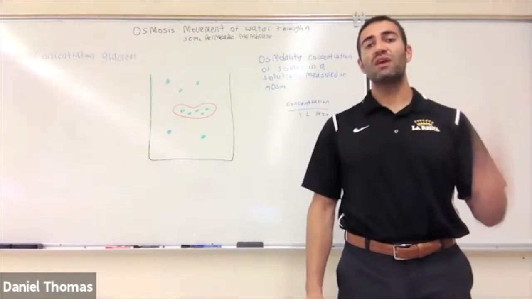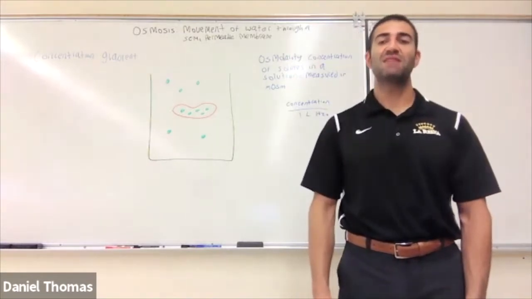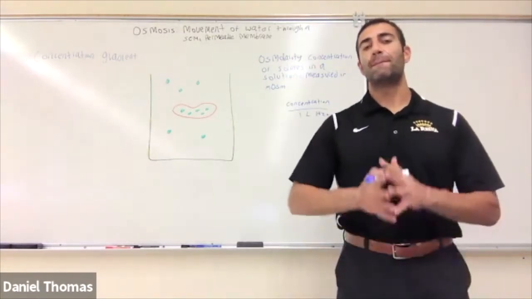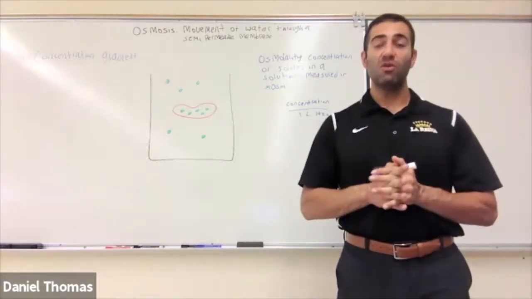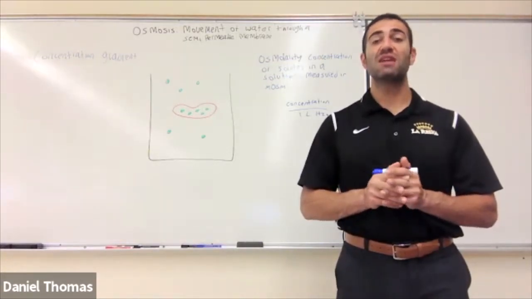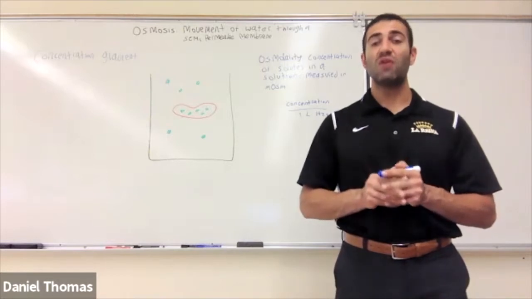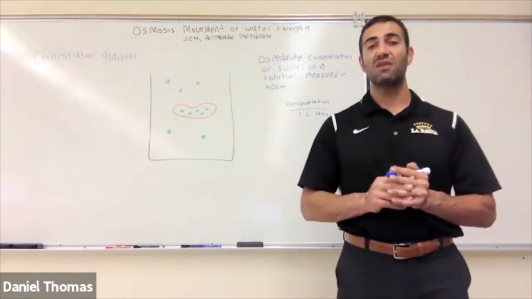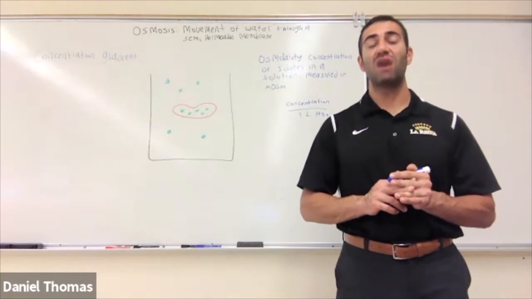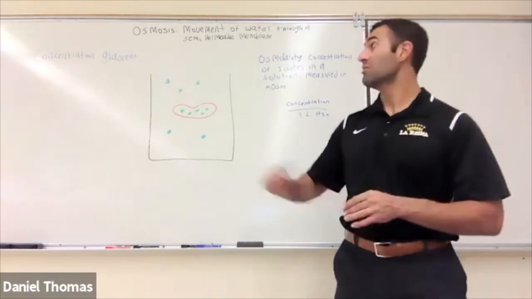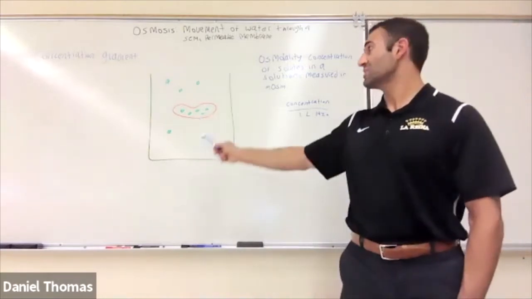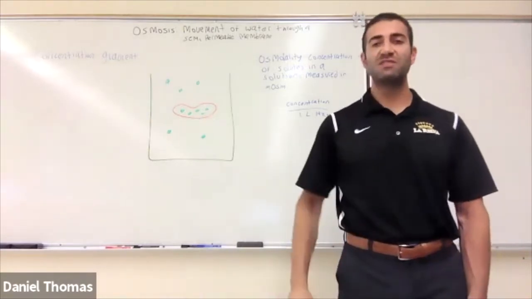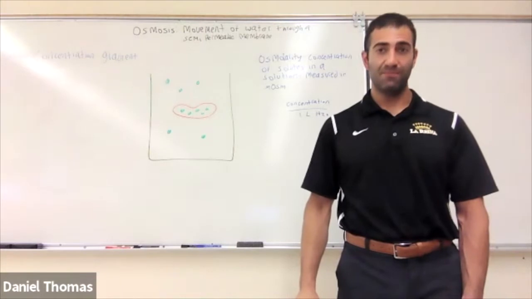The rule that you need to keep in mind is that water is always going to go to the area that's more concentrated. Water is always going to go to the area that has a higher osmolarity or more particles. If there is no difference, water movement is basically going to stay the same.